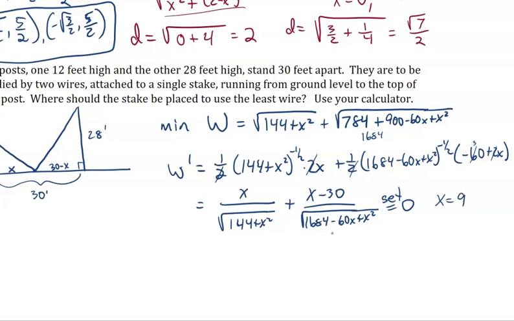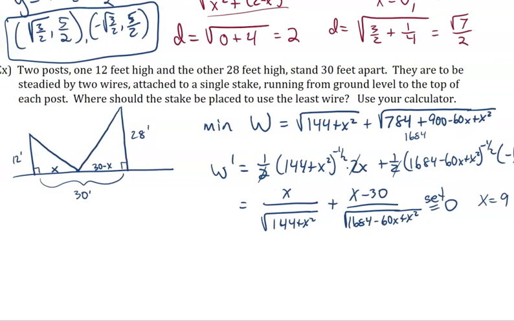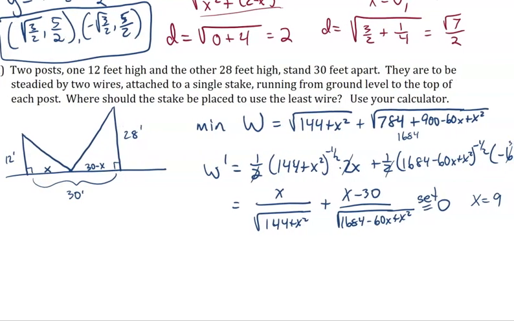And technically, I need to think about the endpoints of my interval, my possible values for x. Really, I can't go to the left of 0, because that would be past this stake, and to the right of 30. So my critical point is 9, but I need to also think about what happens at 0 and 30.